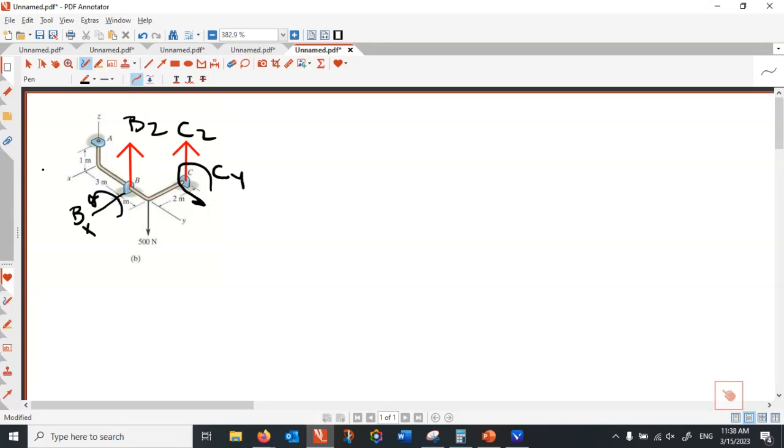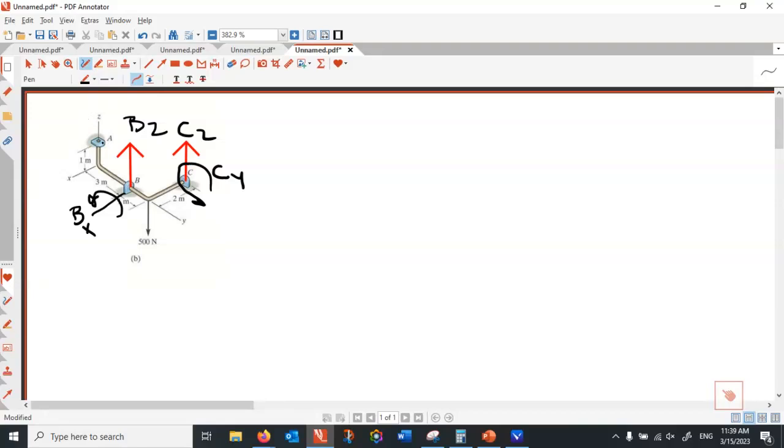How is that negative z being resisted at B? It won't make any resistance in the x or y direction. It can only develop a resistive force in the z direction. So that's why I put the red arrow Bz in the vertical.